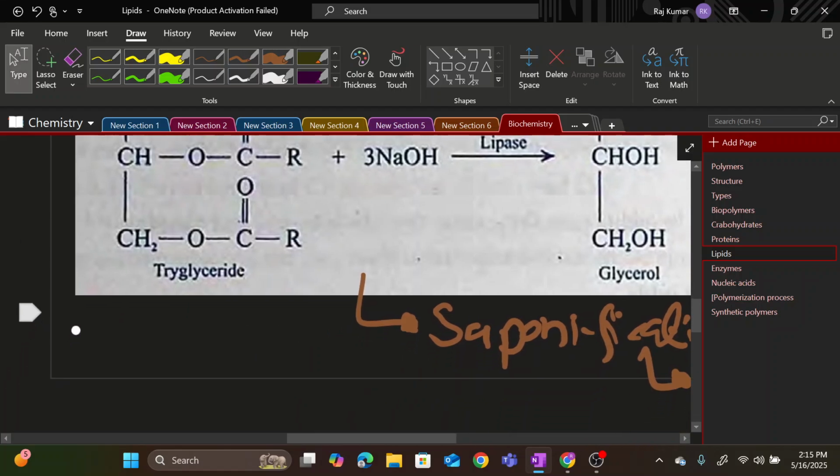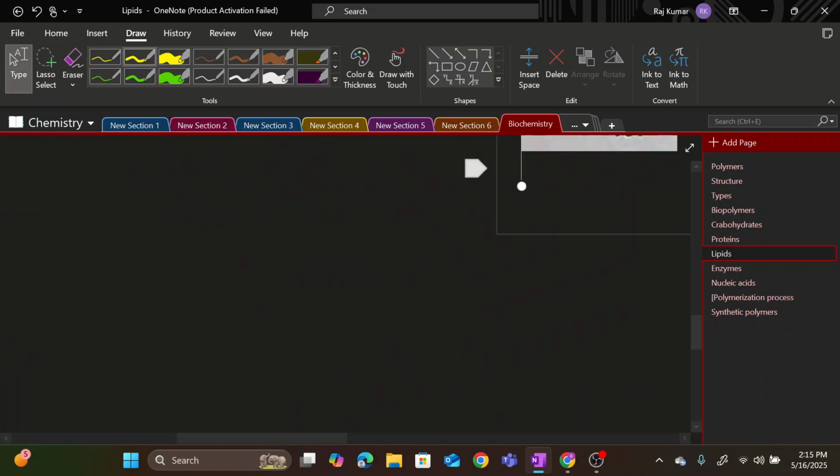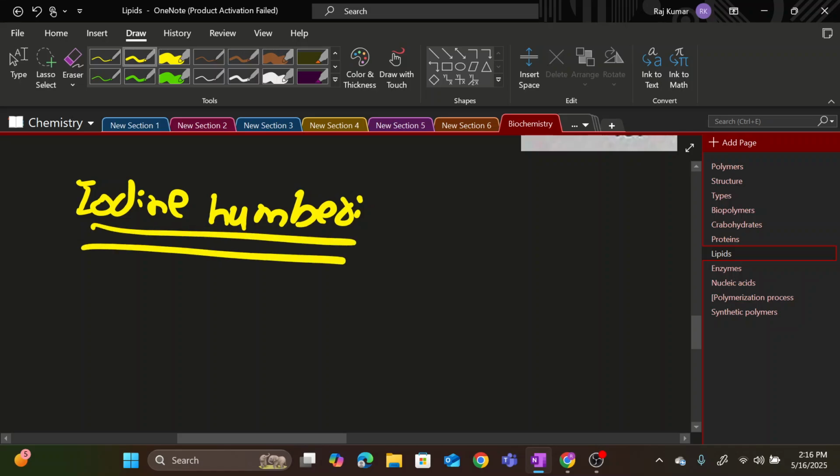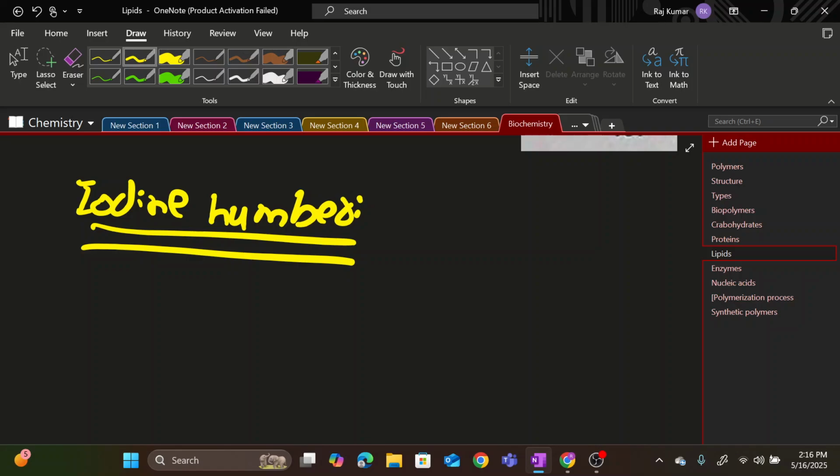Now let's understand a few more important things, which number one includes the iodine number. What is an iodine number? The iodine number is basically the number of milligrams of iodine which can be dissolved in 100 grams of fat or oil.